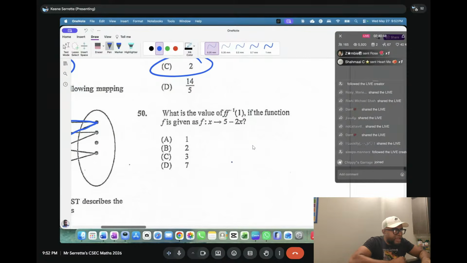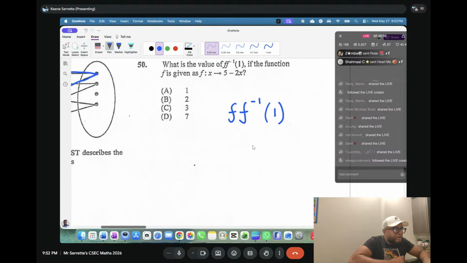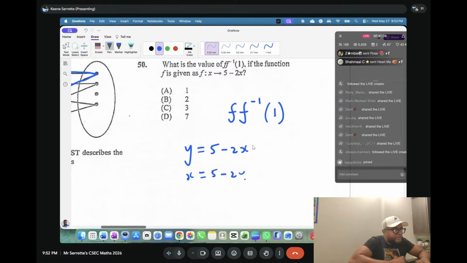What's going on here? F. I think this is negative 1. It looks crazy. Let me go. Right, x is equal to 5 minus 2y. What do we do now? Carry this 2y here, bring this x here. So 2y is equal to 5 minus x.